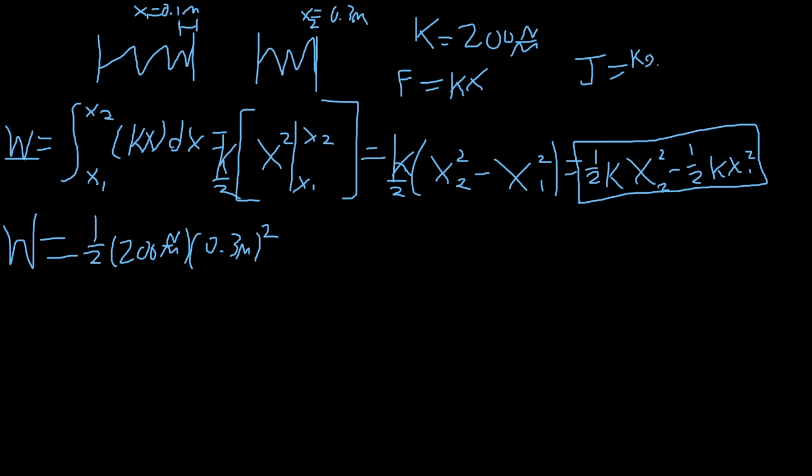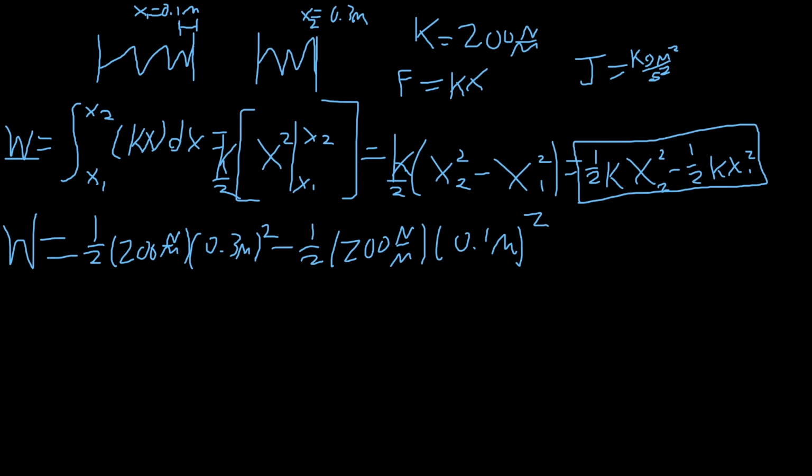So kilograms meters squared over second squared, minus 1 over 2, our k value of 200 Newtons per meter, and then we have our initial displacement, which is right here. And now we will calculate these numbers out so we can know how much work was done.